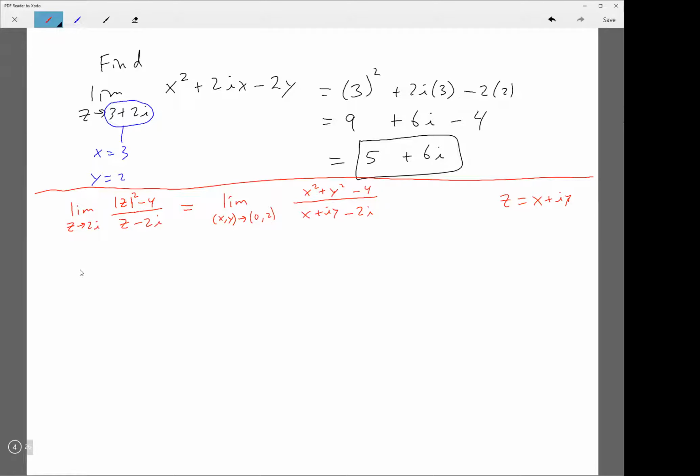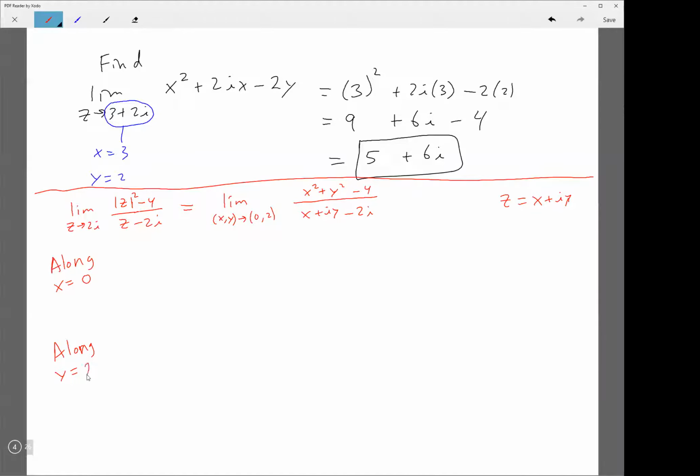To show that it doesn't exist, what you want to do is go along 2 different paths. We're going to go along the path where x equals 2, wait a minute, no, x equals 0, because x is going to 0, and then y is going to 2.